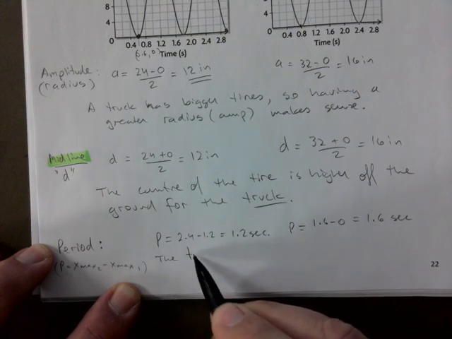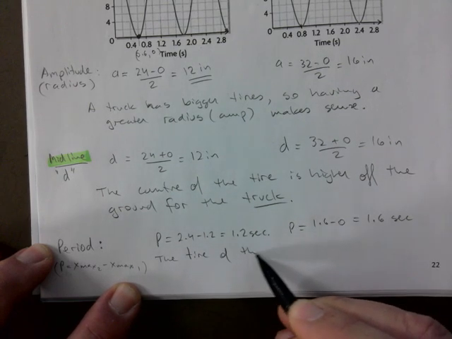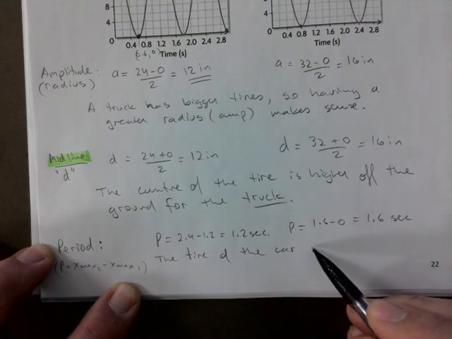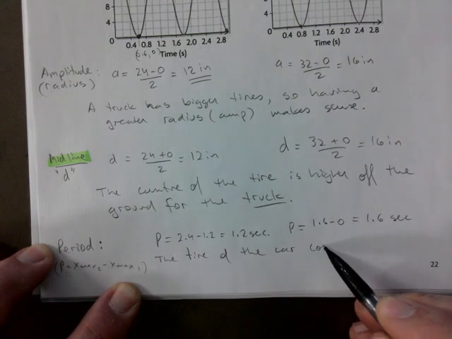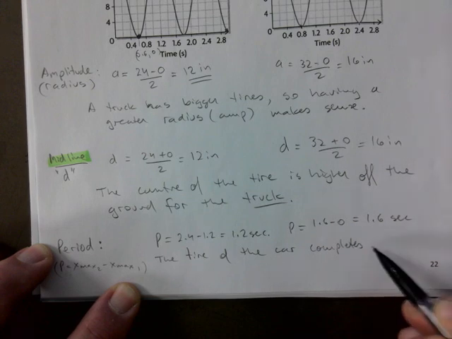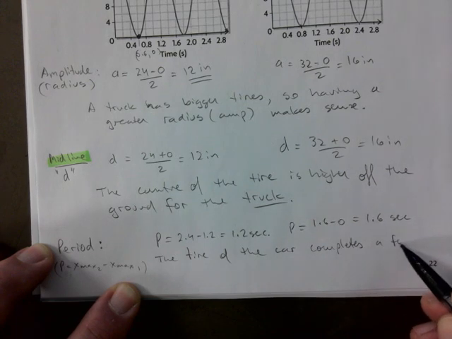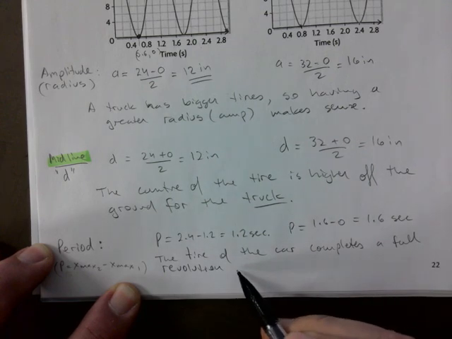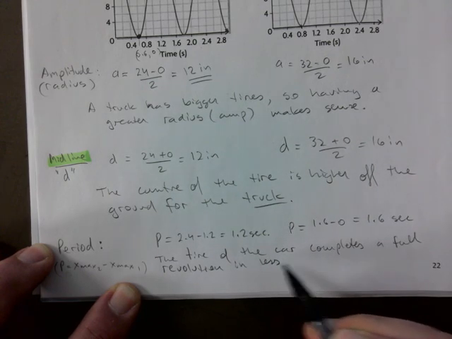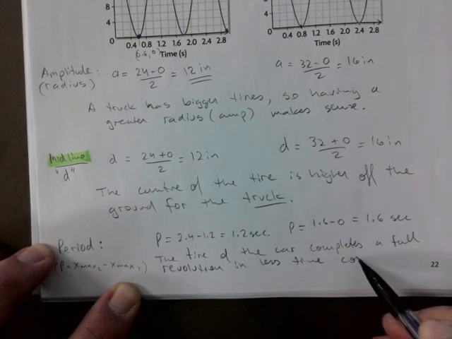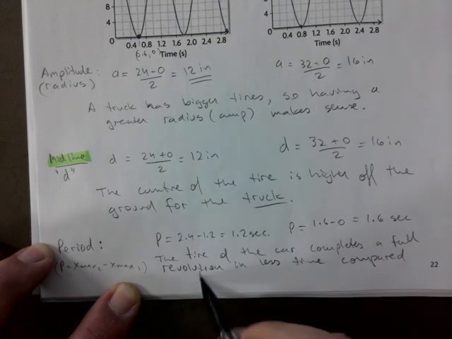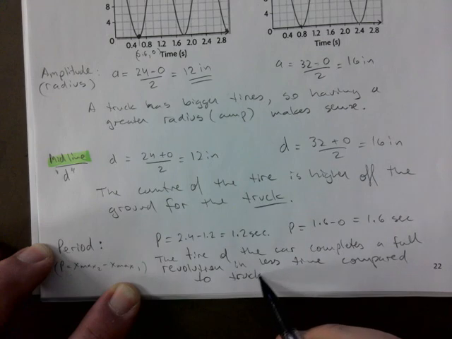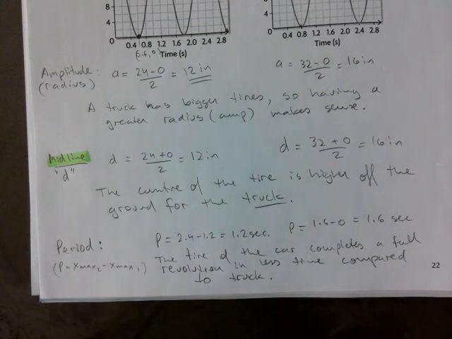The tire of the car completes a full revolution in less time compared to the truck. That also makes sense because it's a smaller tire, takes less.